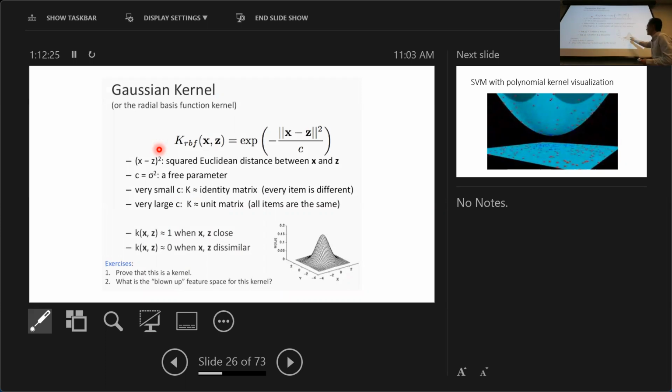So z could be in the middle of this one point, and you compute the distance of all your data points to z. If they are close, you make the value higher in this density mapping. If they're far away, you make it smaller. After the operation, the points transform just like that.